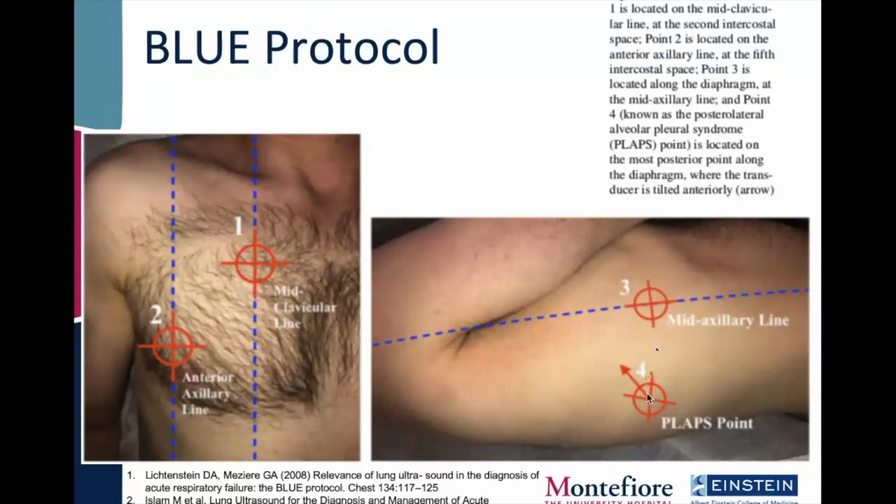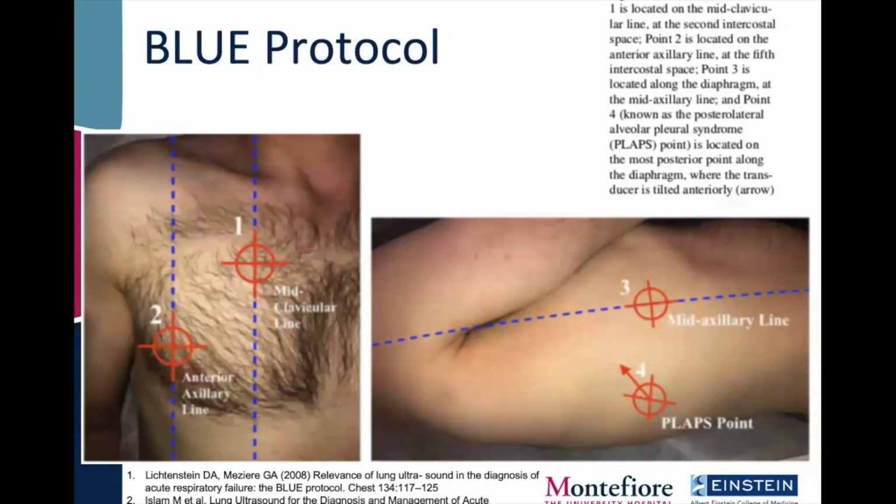And to really get it properly, you have to tilt the transducer slightly anteriorly. This is a very important point, and it's aptly named because this really is a part of the lung that on ultrasound you want to evaluate for consolidations and what he calls alveolar pleural syndrome.